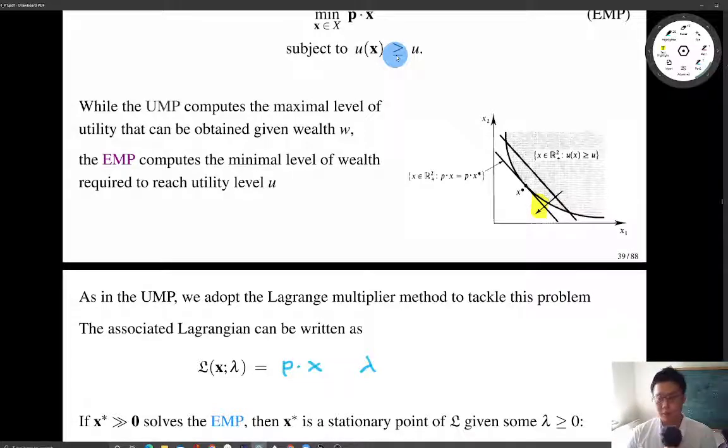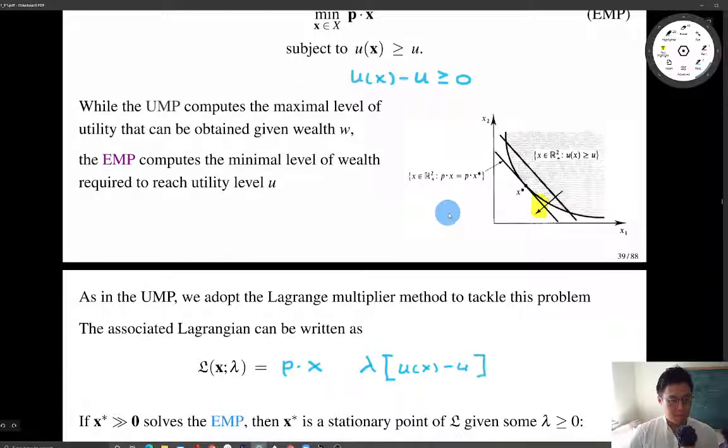Something is larger than 0. Okay, because we have u of x on the left and u on the right, target utility. So we move this target utility to the left hand side. Then u of x minus u is going to be larger than 0. Right? So we change the constraint to this form, okay, and then multiply by lambda. The only thing we have to do for a minimization problem is we change the sign of this lambda.